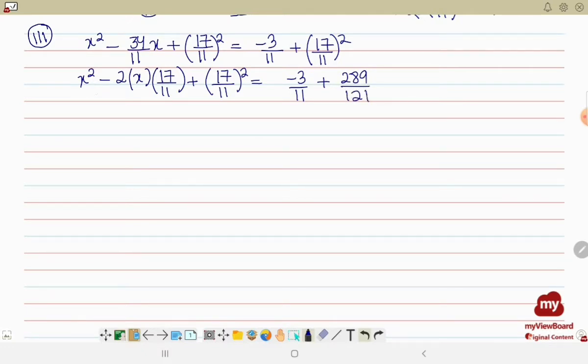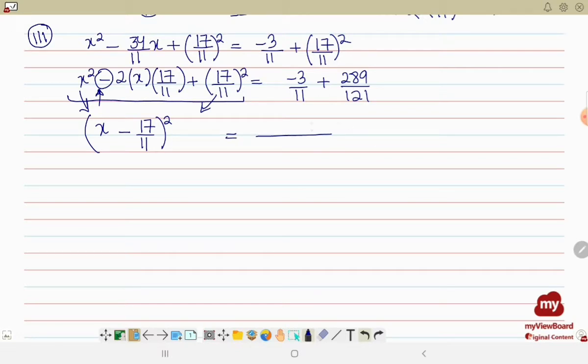So we can easily see that on the left hand side our terms for completion are there, so we can easily close this algebraic identity. This sign will decide that it will be the second algebraic identity, and these two are the terms for a and b. So x minus 17 by 11 whole square, and on the right hand side we'll just take the LCM.